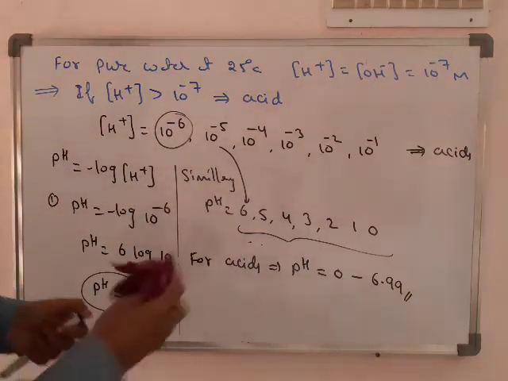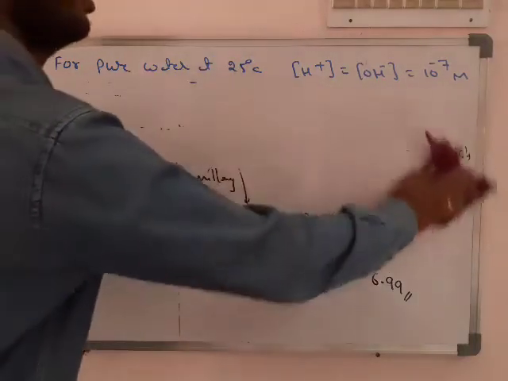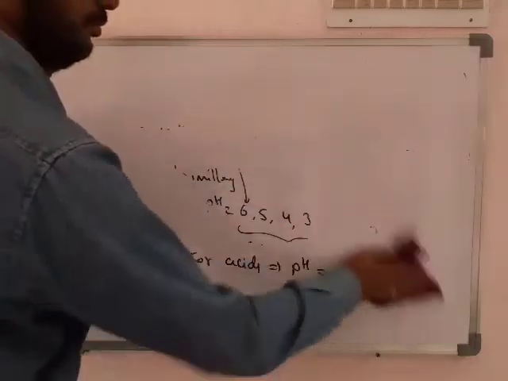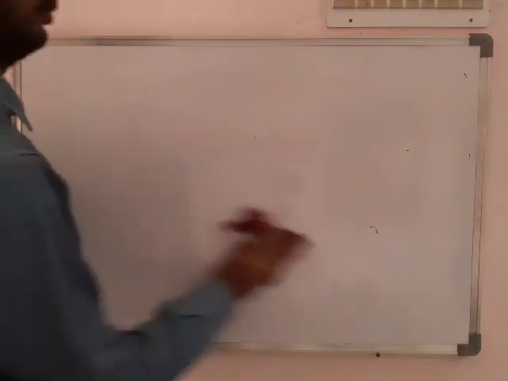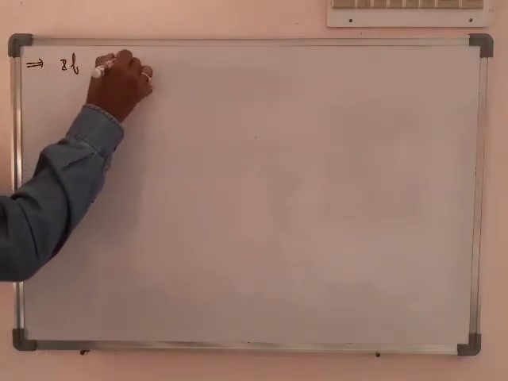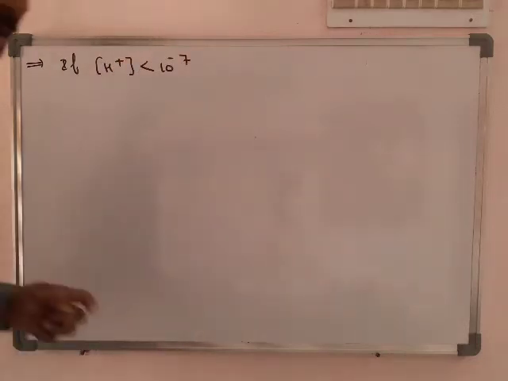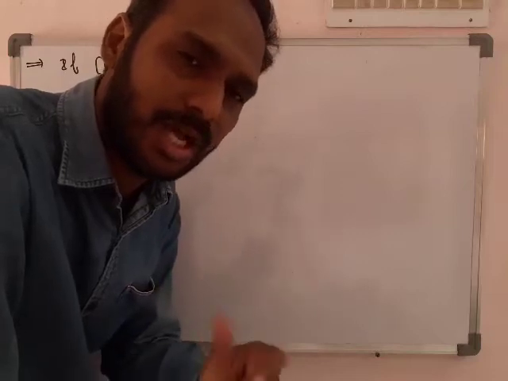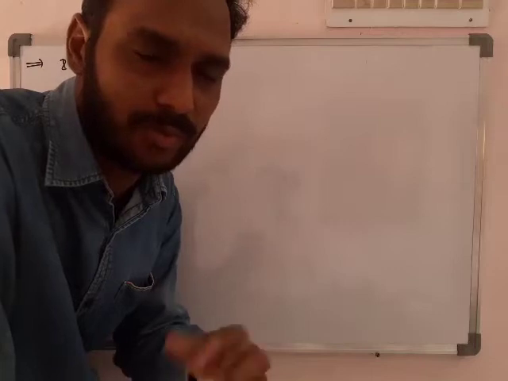Now we take the calculation for bases. We know that if H+ concentration is less than 10^-7, here we are defining the bases also in terms of H+ only, because we need to take any one criterion only, H- or H+.